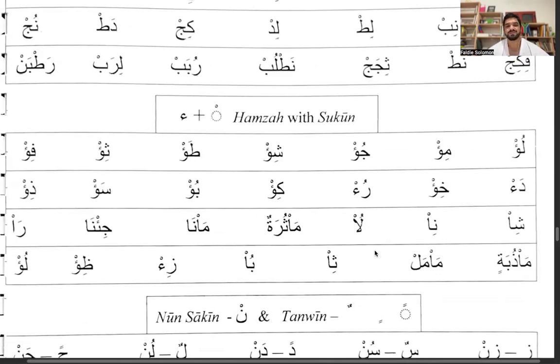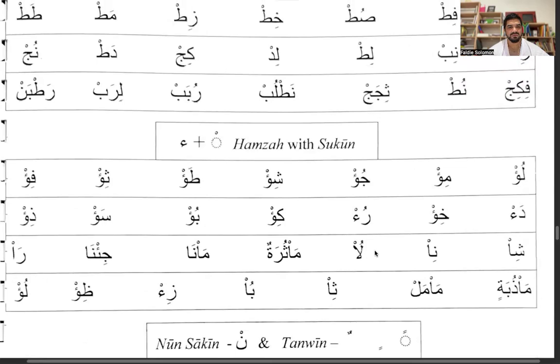You can just pause it, play it again, replay it, and try to test yourself. You try to say the letter. For example, if we do this last line again, you try to read this. You say it, then you press play, and you listen to me say it. Ma'dhubatin.